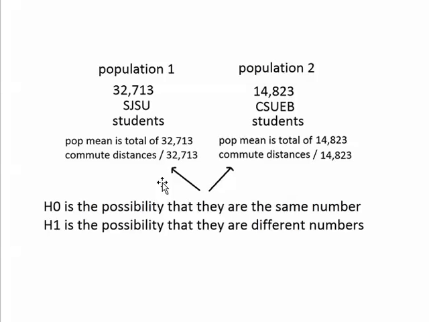And the sample means estimate the two population means. So overall, what a person is doing in this study is calculating two sample means to estimate two population means, to be able to come to a decision about whether those two population means are equal or unequal.